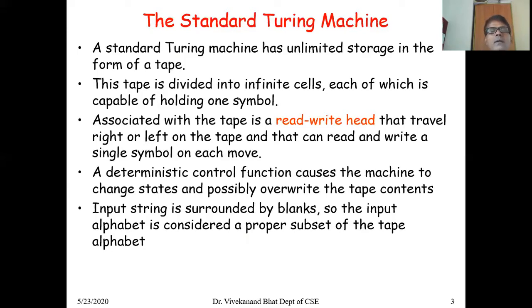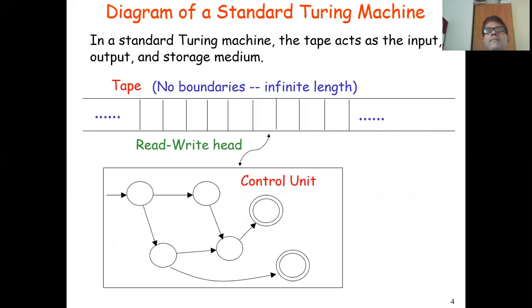The diagram of the standard Turing machine that we have just described is shown as follows. The tape acts as the input, output, and storage medium. Just like we used the stack as temporary storage in pushdown automata, here we use the tape as the input, output, as well as the storage medium.